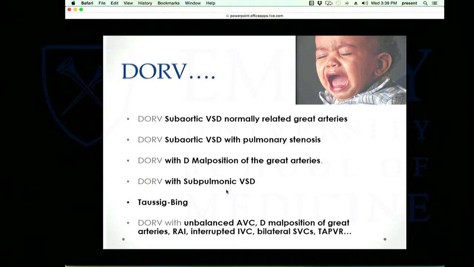The DORV basically is just telling you about the relationship of the VSD and the great arteries, as well as the continuity of the aortic and mitral valve.